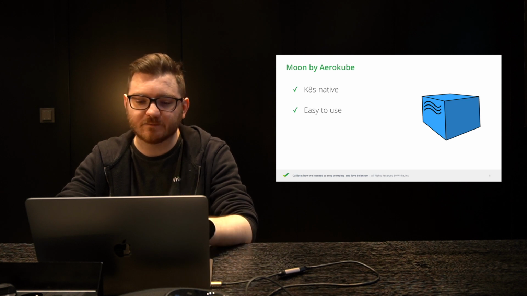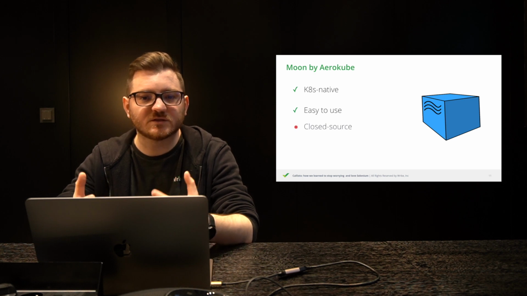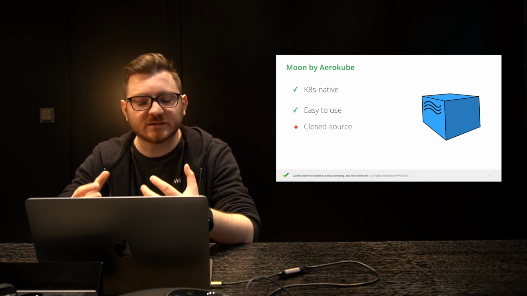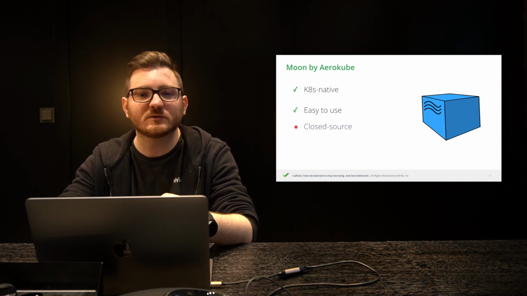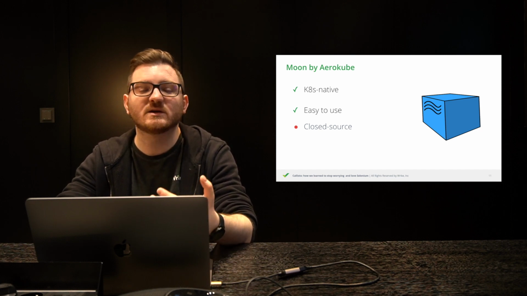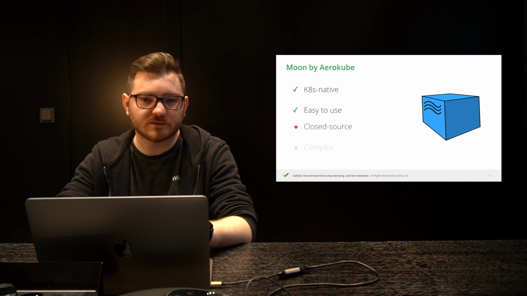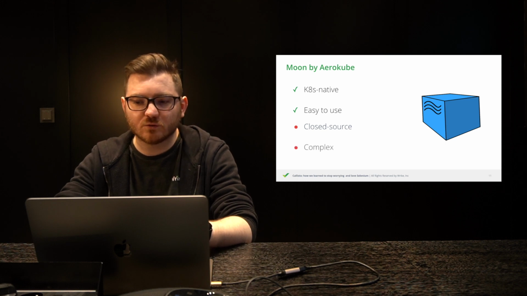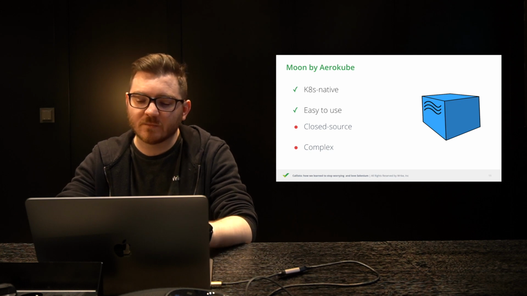Yes, it's really easy to install and use, but it is not possible to clearly understand how it works under the hood, because it's closed source. Also, it is a complex solution. I want to talk about this point in detail.